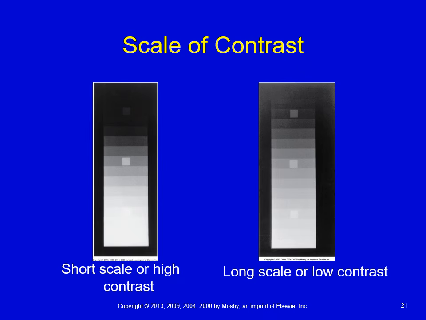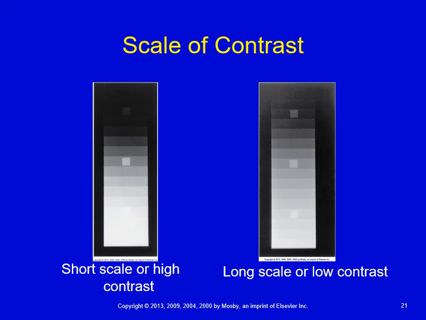Now that we talked about grayscale, which is the number of shades of gray that we can see on the image, we're going to talk a little bit about the scale of contrast. I want to show you what it means visually. Personally, I don't like the fact that we have the step wedges here.